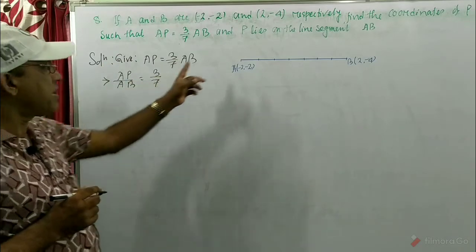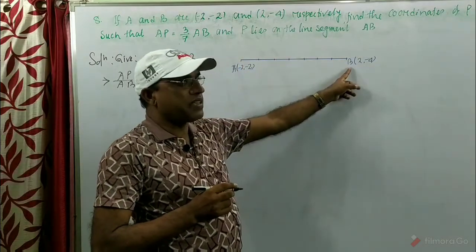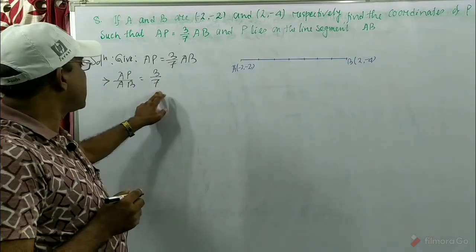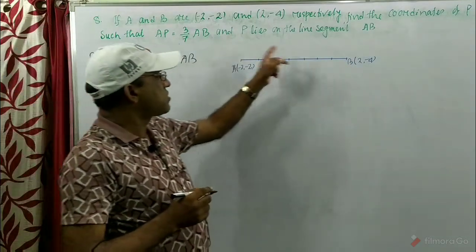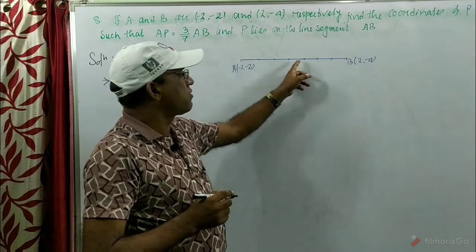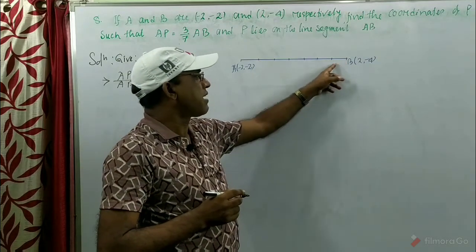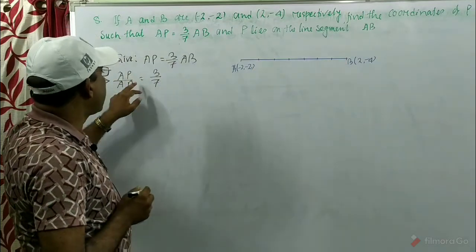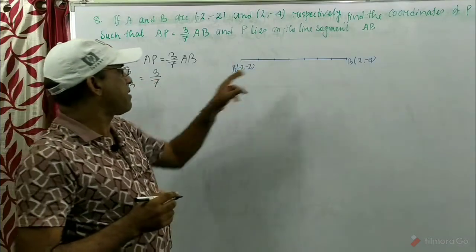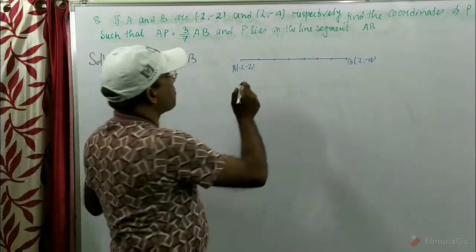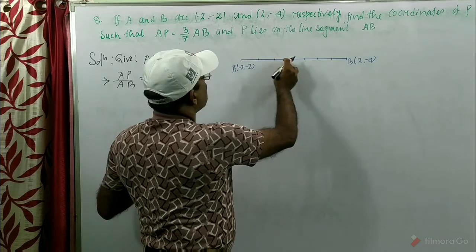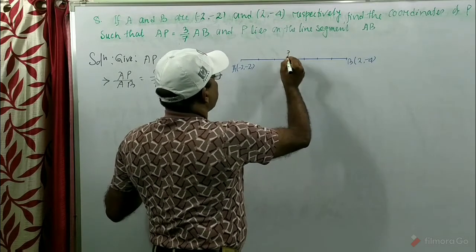AB means from this to this is AB. So AB is 7, given. So we divide it into 7 equal parts: 1, 2, 3, 4, 5, 6, 7. AP/AB is 3/7, AP is 3. So P will be at 1, 2, 3. P must be here.